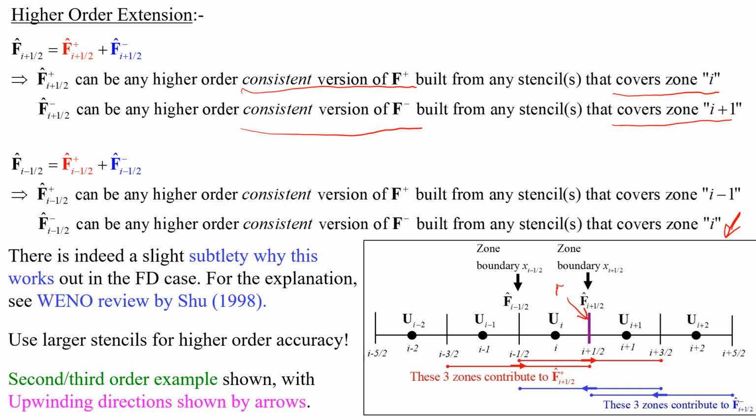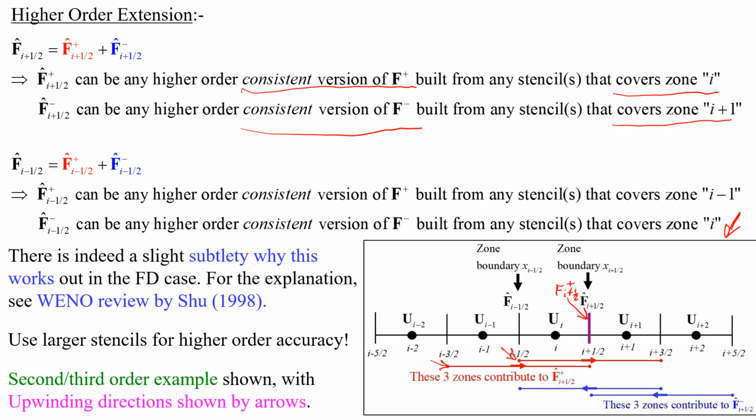You're going to get your F pluses from here at the zone boundary I plus a half, by evaluating F plus at zone I minus 1 and zone I plus 1. Using these two red stencils shown out here, you can make a nonlinear hybridization with higher order accuracy for F plus at zone boundary I plus a half.